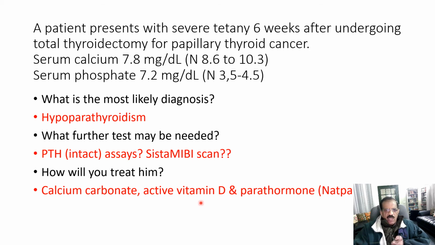Because if we give normal vitamin D, that would not be activated into its active form because of the absence of parathyroid hormone. So we will give active vitamin D, calcitriol or calcidiol, and along with that a large amount of calcium carbonate is given.